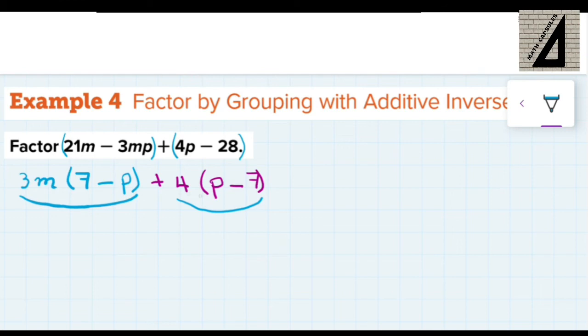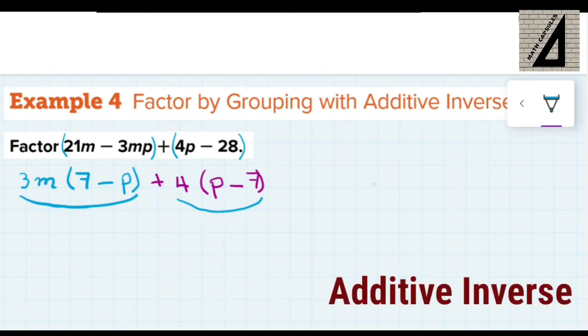But we can change the form of 7 minus p to be p minus 7, or we can change p minus 7 to be 7 minus p. Because we know that the additive inverse of 7 is negative 7, and the additive inverse of p is negative p.